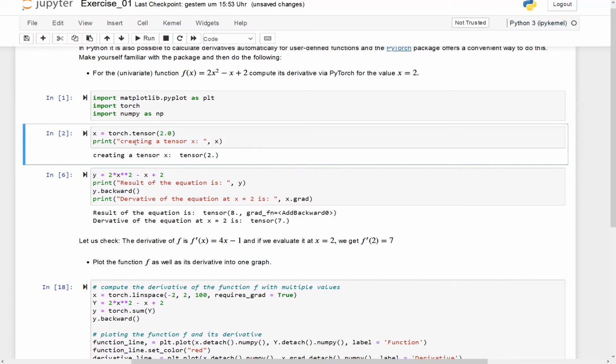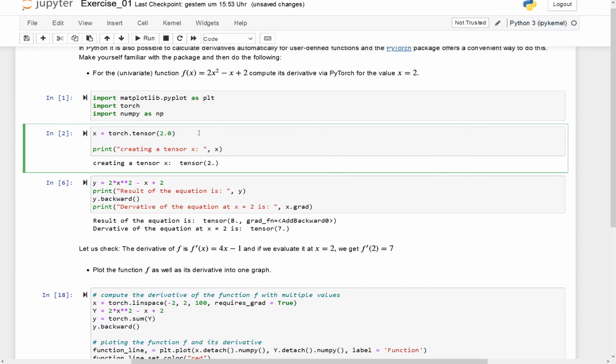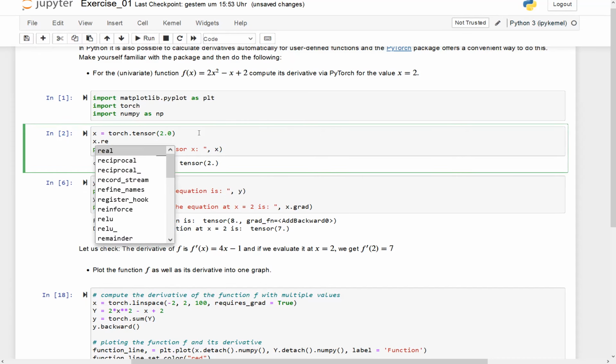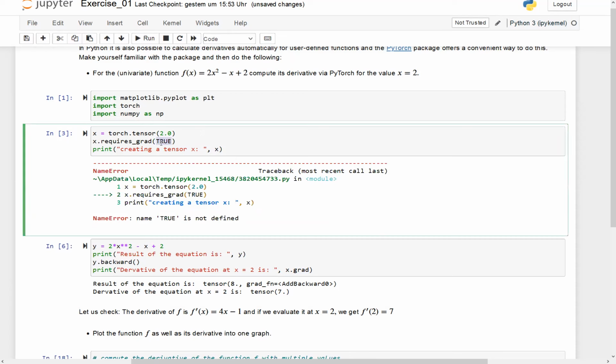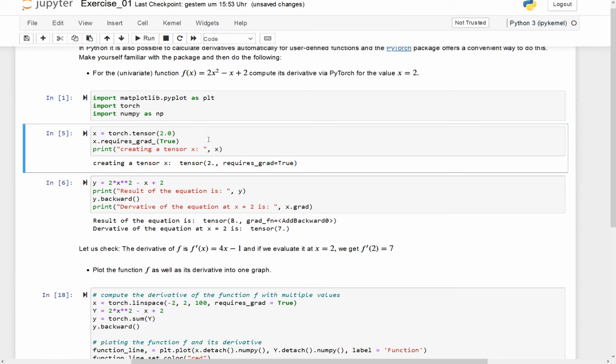So if you do this, you can change it later on with requires_grad. I'm not in R. So you can change it later on with this.